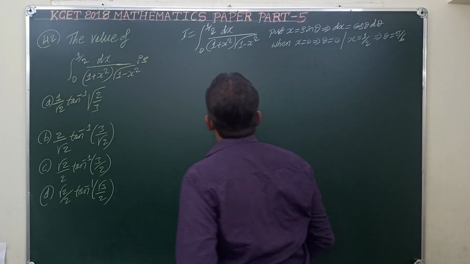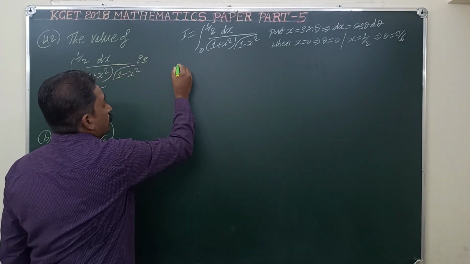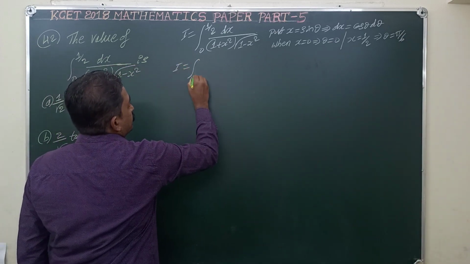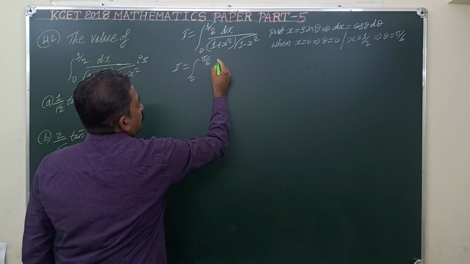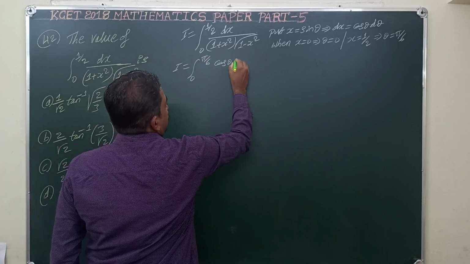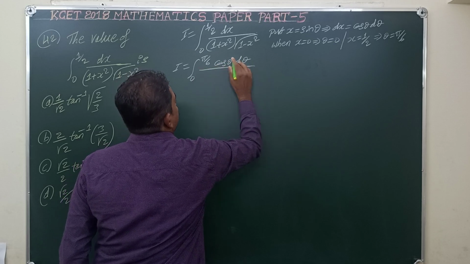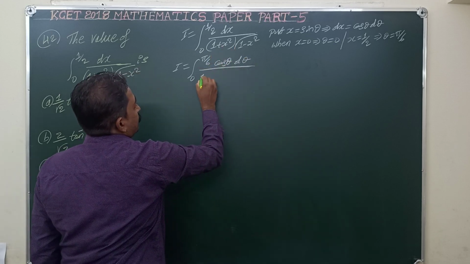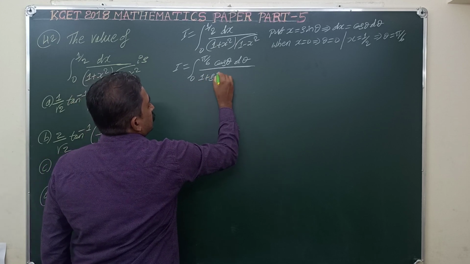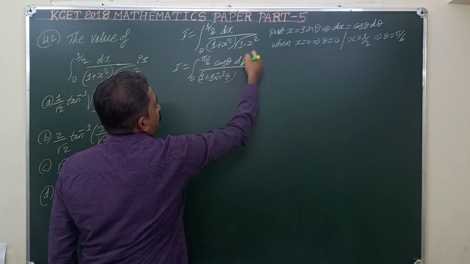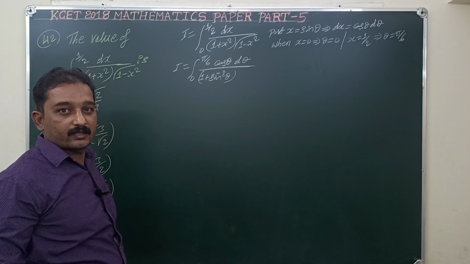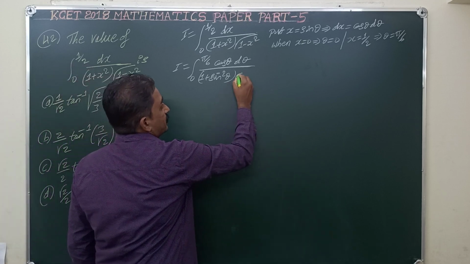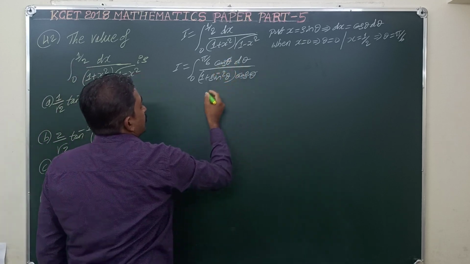Now the whole function is converted into theta. It becomes the integral from 0 to pi by 6 of cos theta d theta divided by 1 plus sin square theta, times the square root of 1 minus sin square theta, which is nothing but cos square theta, so the root gives cos theta. So cos theta gets cancelled.